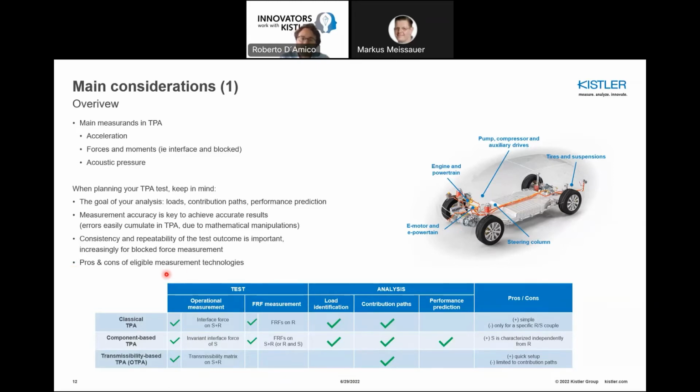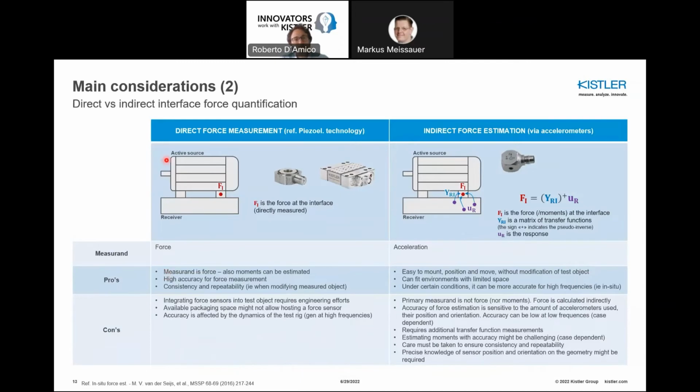Now we move to the next slide, where I want to focus a little bit on a topic which I think is very relevant when it comes to measurement. We talked a lot about interface forces, but interface forces can be estimated or quantified in different ways, as I mentioned before.